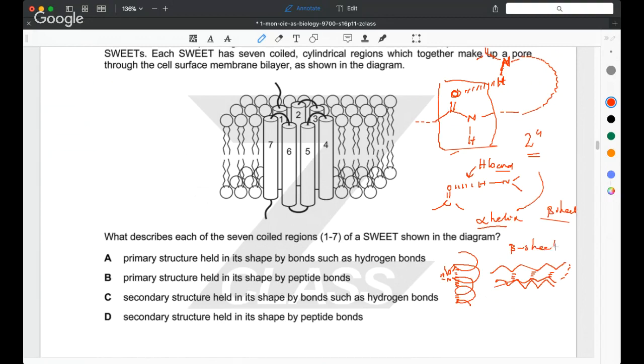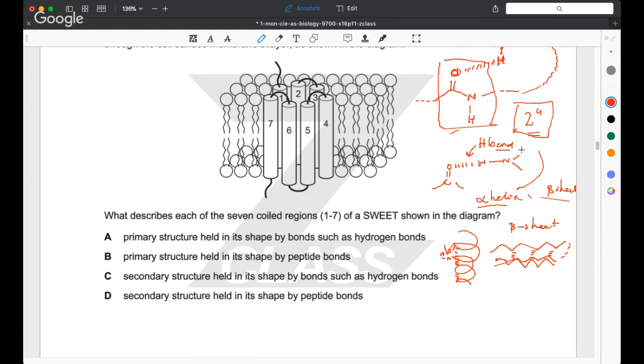It used to be called beta pleated sheet. The beta sheet between the two polypeptide chains. But this hydrogen bonding between the carbonyl group and the hydrogen of an amide group is the secondary structure for proteins.